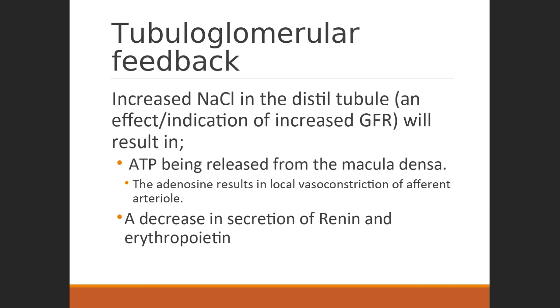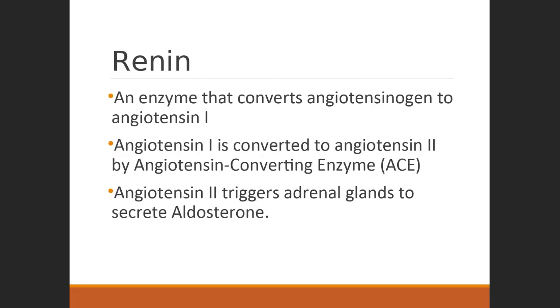We are going to see a decrease in the secretion of renin and erythropoietin. Remember, renin was involved in our angiotensin cascade. Renin is an enzyme that converts angiotensinogen to angiotensin 1. Angiotensin 1 gets converted into angiotensin 2 using our angiotensin converting enzyme. And it's angiotensin 2 that triggers the secretion of ADH and aldosterone.